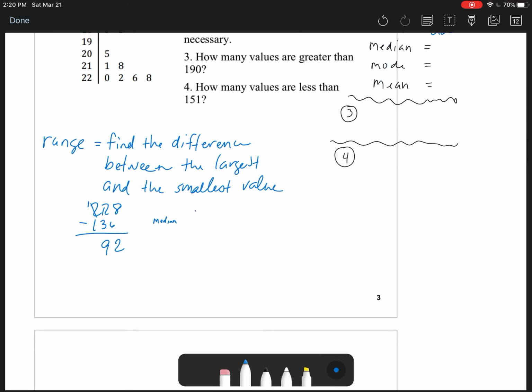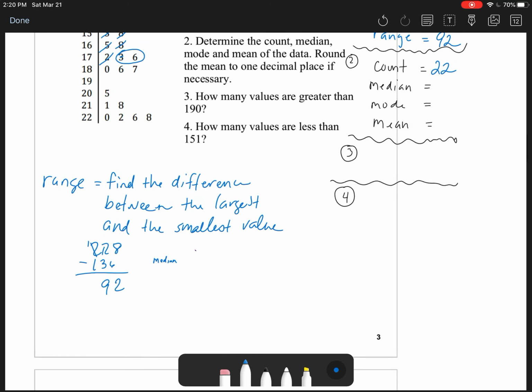Median is between 173 and 176. So now we want to find the average of those two.